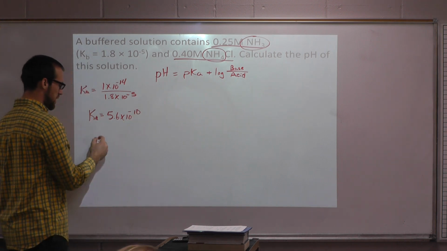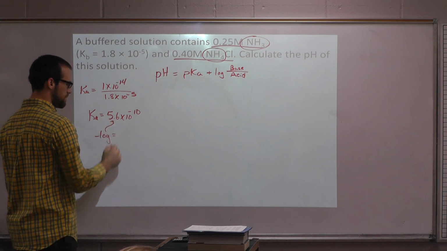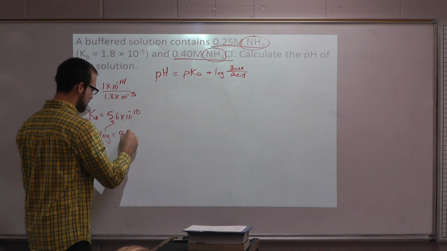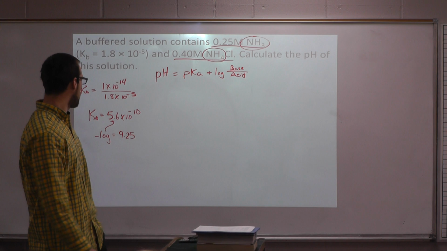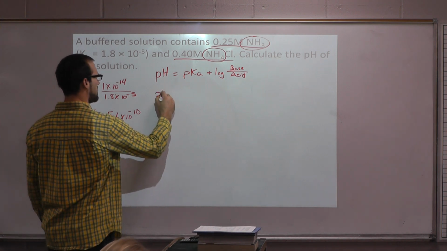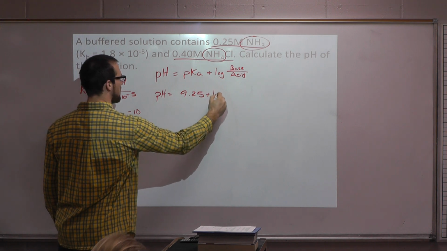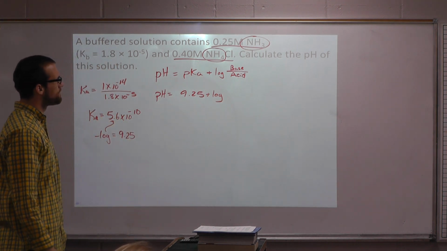Okay, I'm just going to quickly make that negative log of this. What did you guys get when you took the negative log of that? Okay, so pH is 9.25. Log of my base over my acid. What's my base?